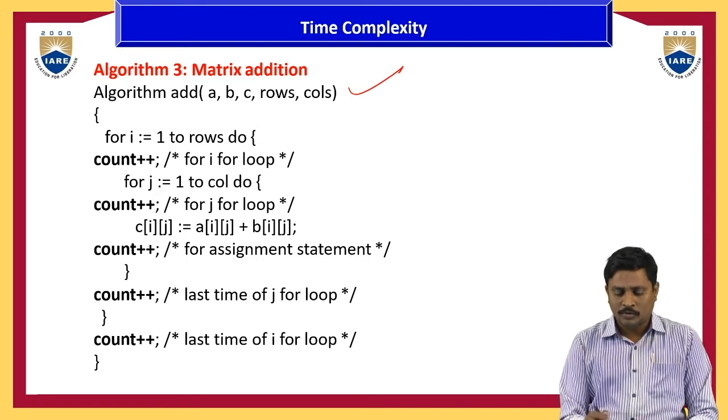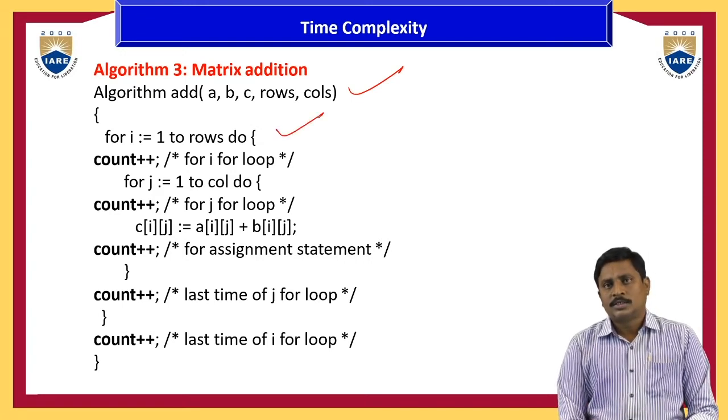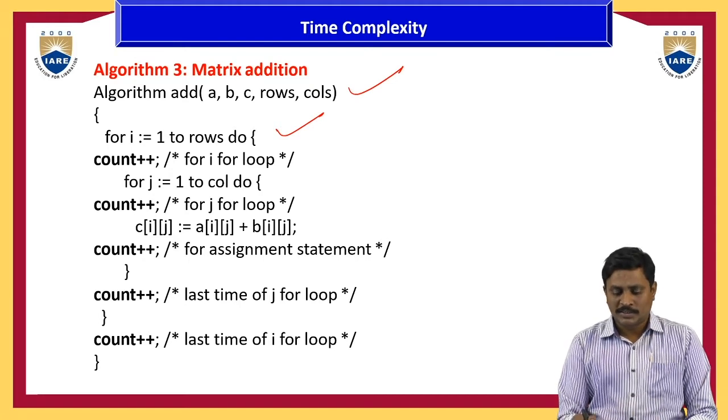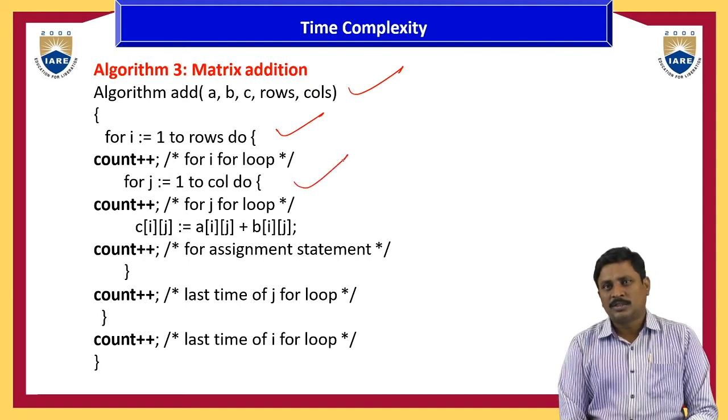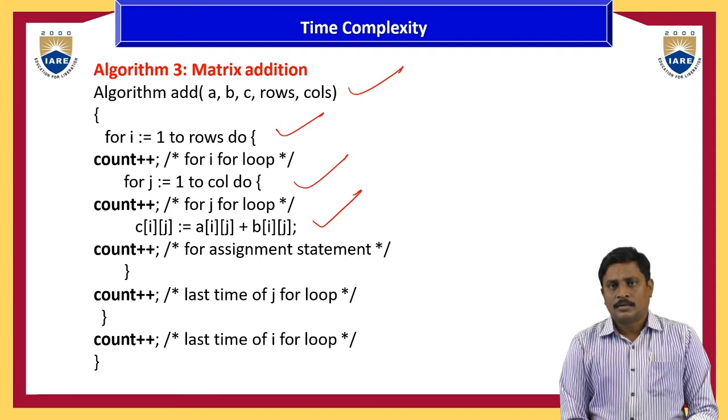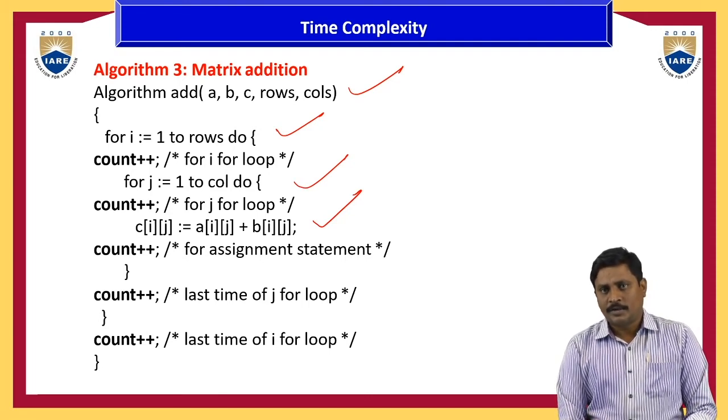For i equal to 1 to rows, do this for loop, which is used for repeating rows. For j equal to 1 to columns, do this, used for repeating columns. Now C of ij equal to A of ij plus B of ij. Now here we calculate the sum value.